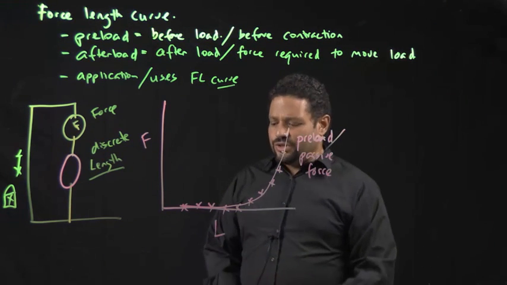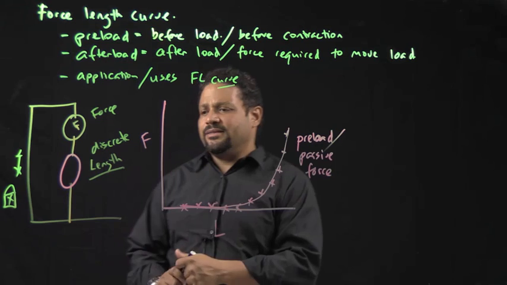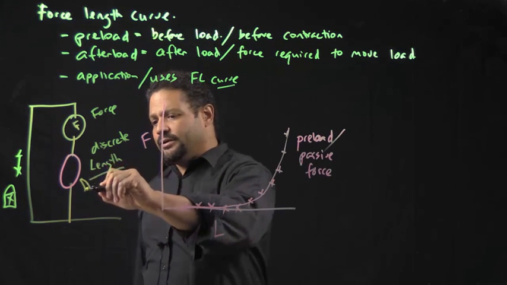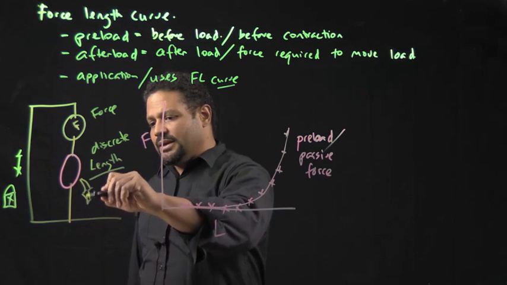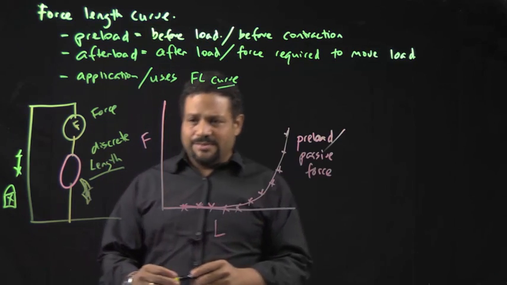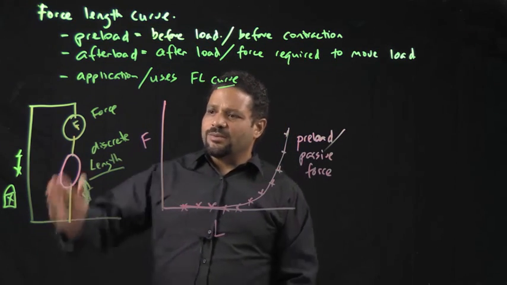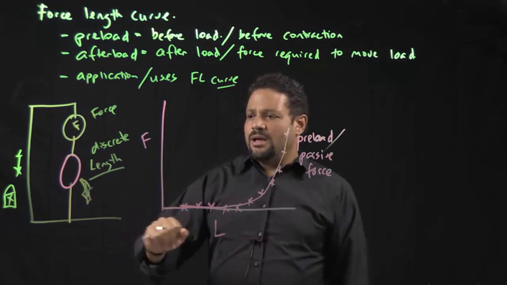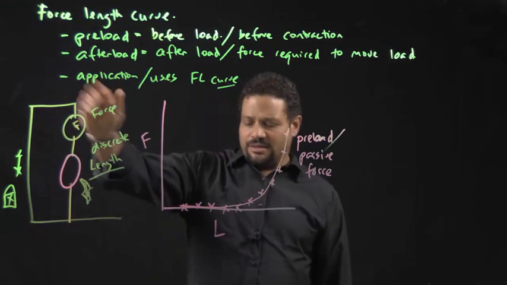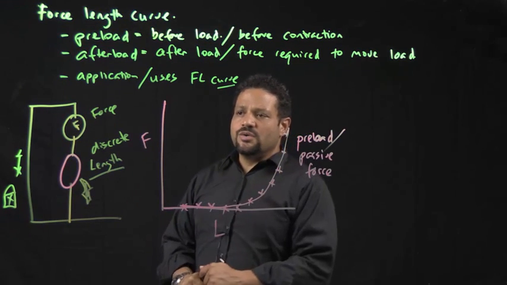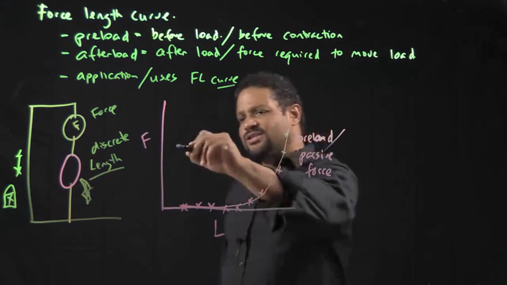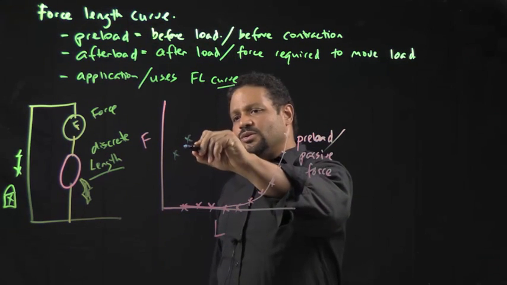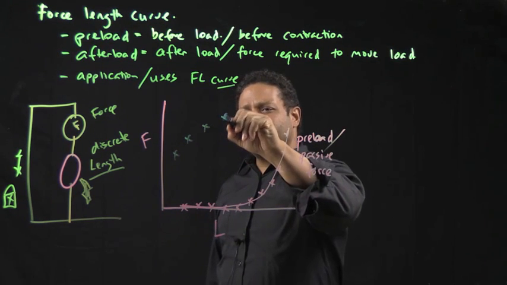What we also do is we can stimulate the muscle, shown here with this little lightning bolt. So we stimulate the muscle and measure the amount of force that it generates. And we can do this for different lengths of the muscle. So when we do that, we actually can measure the total isometric force.